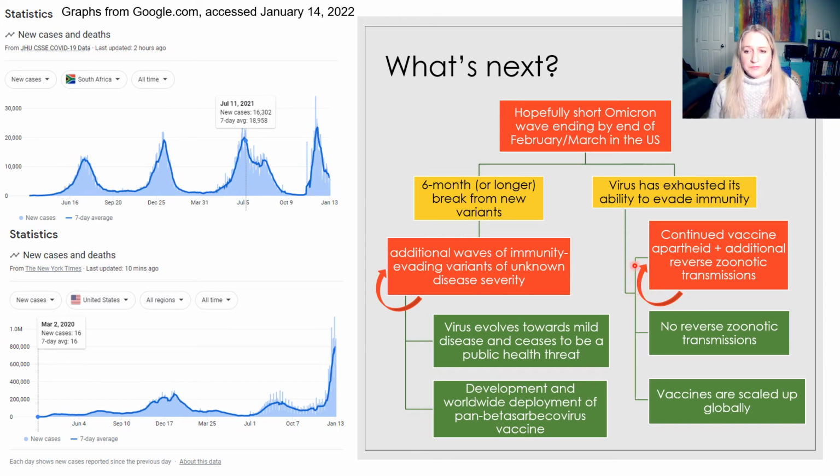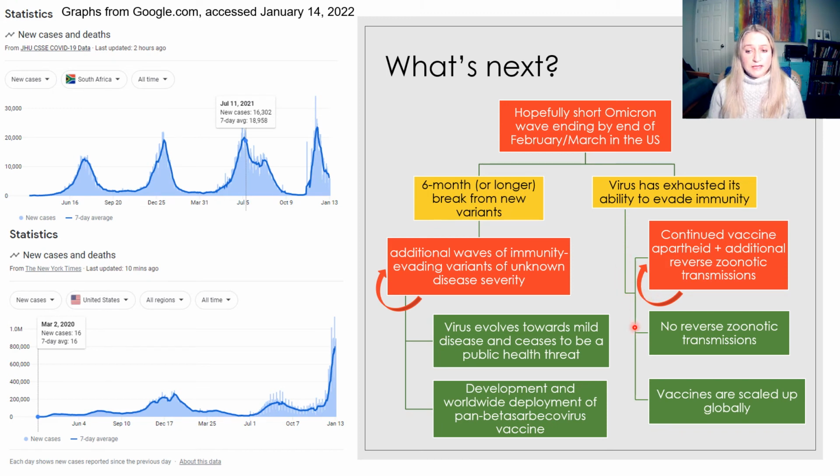So in places without high vaccine coverage, if there's continued vaccine apartheid, meaning not good coverage in different places in the world, we could see the virus be reintroduced into the human population over and over again. Now, that could go on indefinitely.